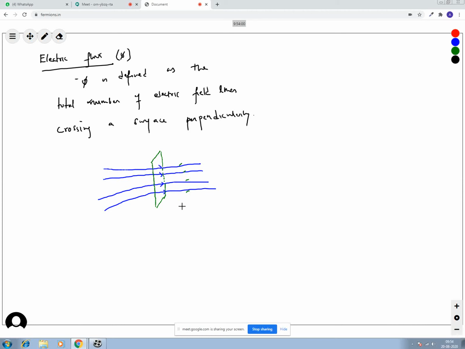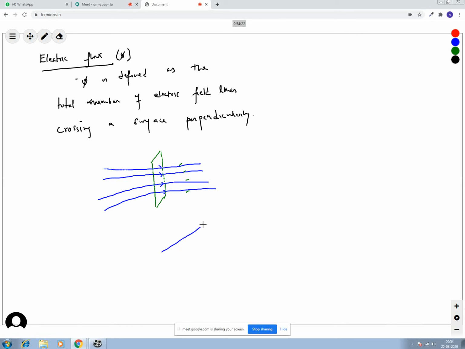Now, 1, 2, 3, 4. So flux will be 4. We'll talk about the units and all later. So you can see these electric field lines are penetrating the surface perpendicularly. This is an imaginary surface.